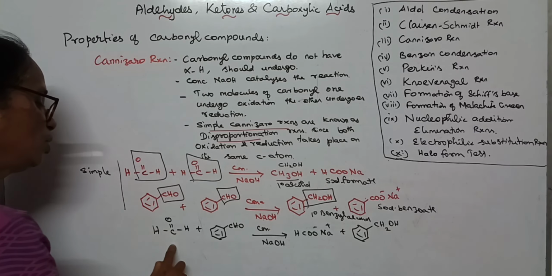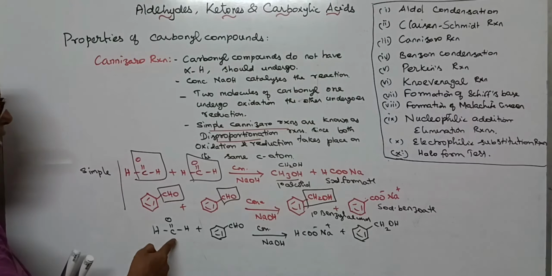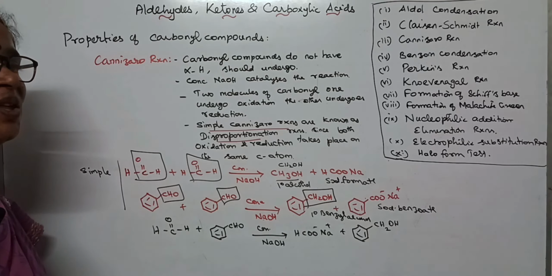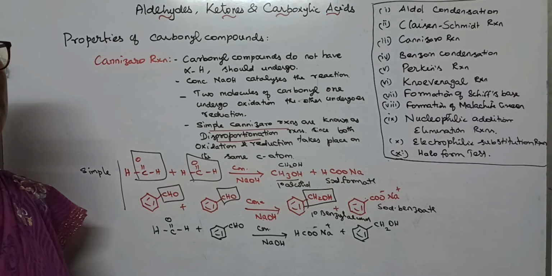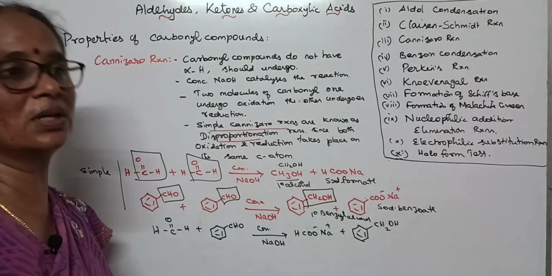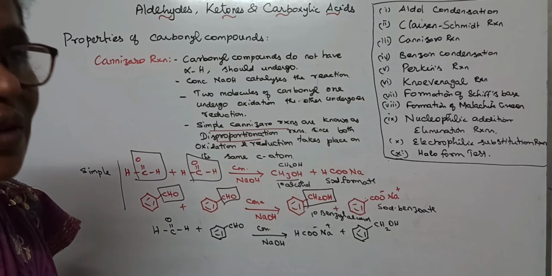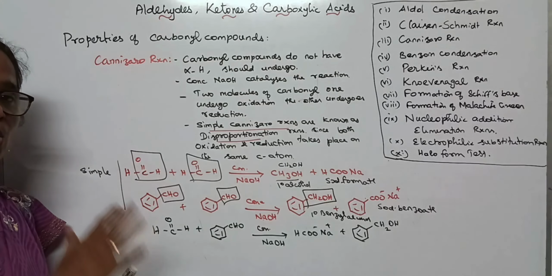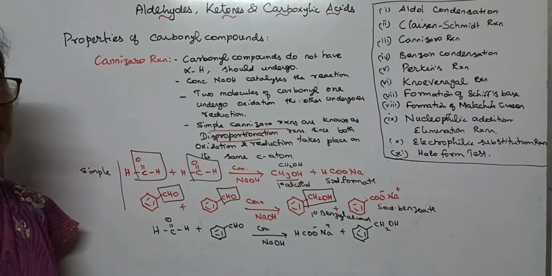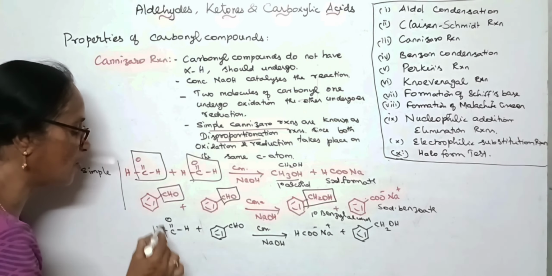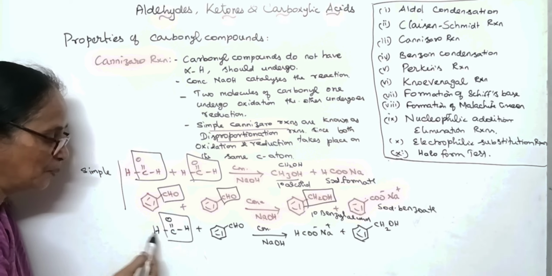If you have two different aldehydes, see, one is formaldehyde, the other one is benzaldehyde. Here one of them will be oxidized, the other will be reduced. The question is, which will undergo oxidation, which will undergo reduction? Oxidation is always restricted for bulky groups, but a simpler group readily undergoes oxidation. Out of formaldehyde and benzaldehyde, formaldehyde has the simplest hydrogen.